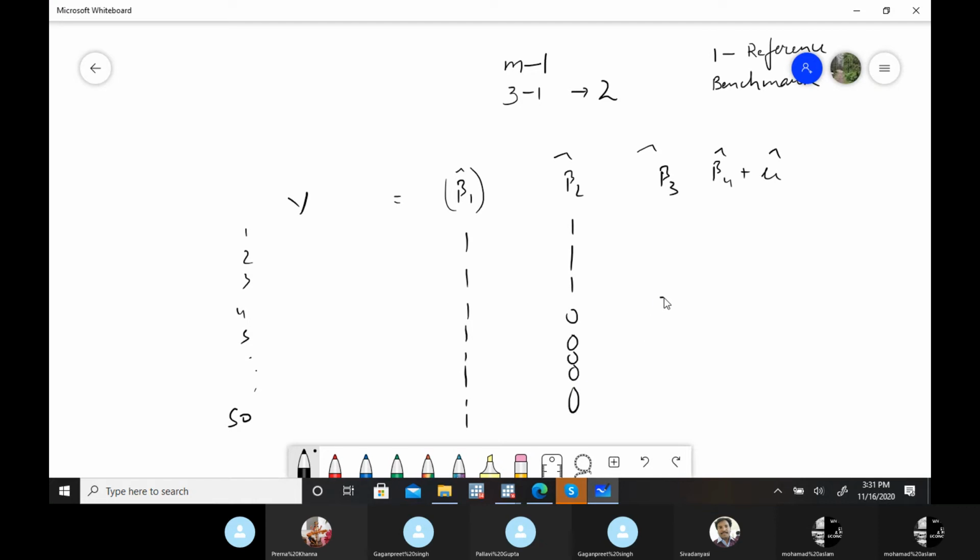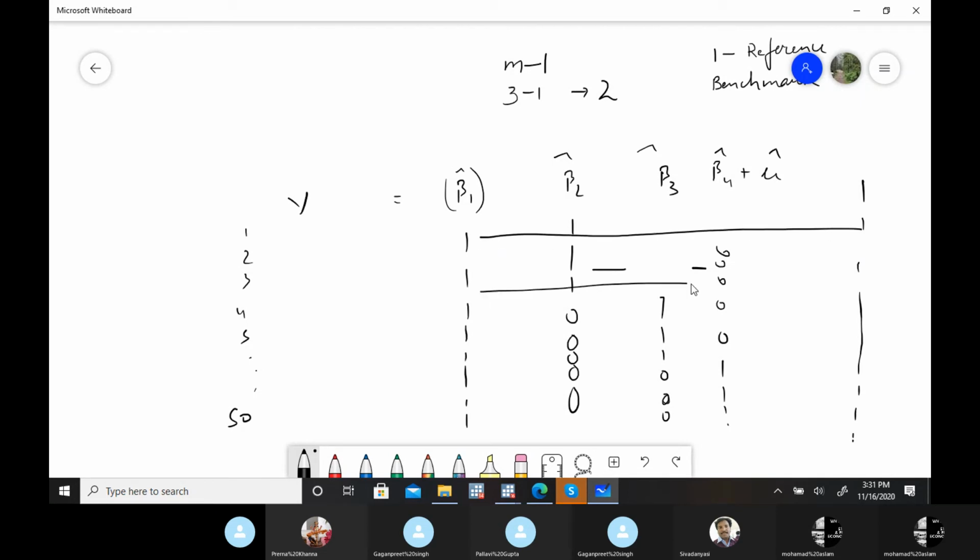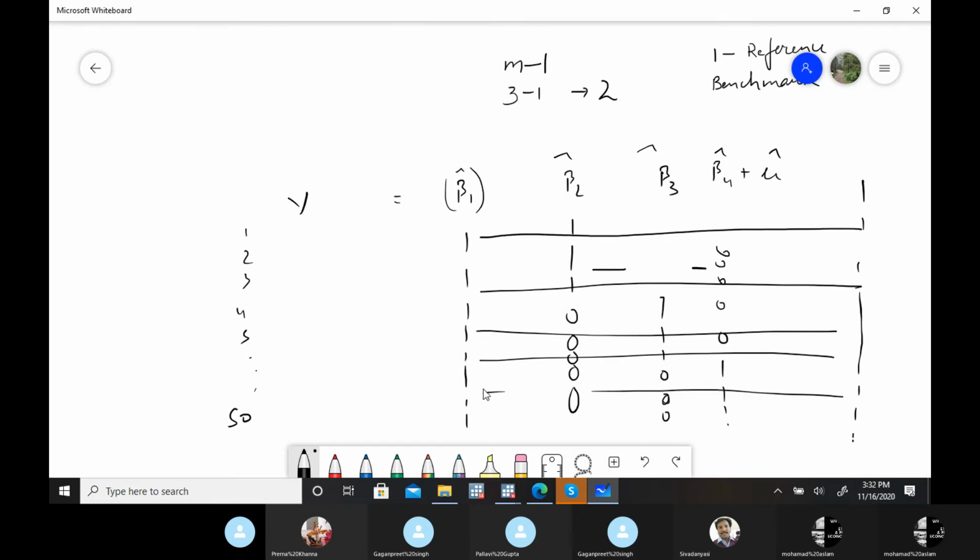For other states, 1 in this category, then 0. And maybe for the remaining part, 1 here and the others 0. If you horizontally add all these values, what will you get? You will get 1, 1, 1, 1, 1 for all the values. And you have a coefficient of 1 for the intercept term as well. So the correlation is perfect. So we have perfect multicollinearity.